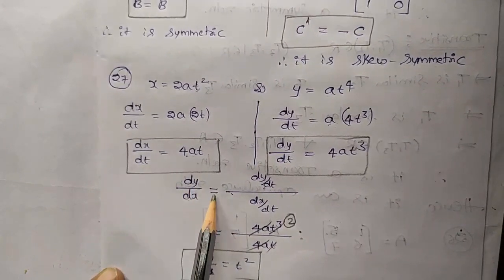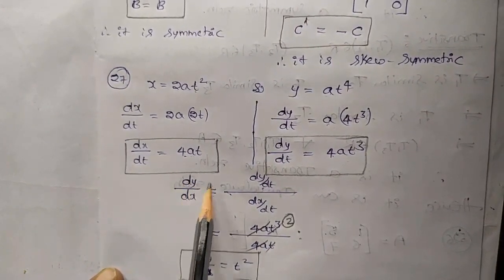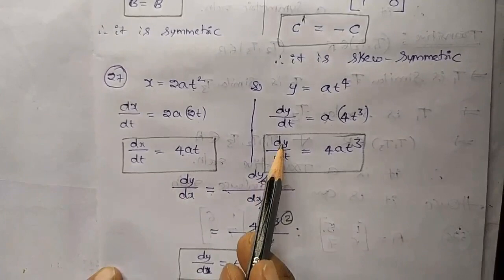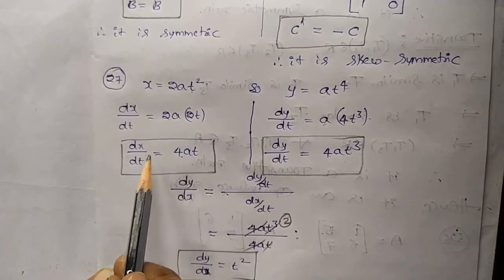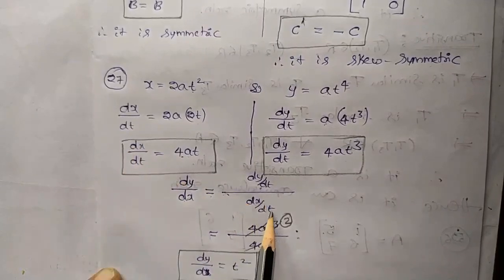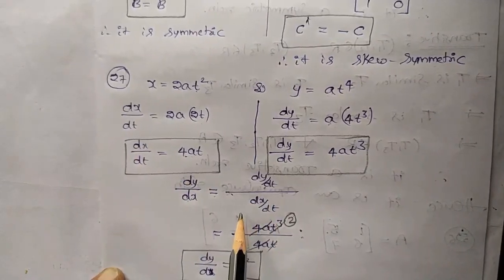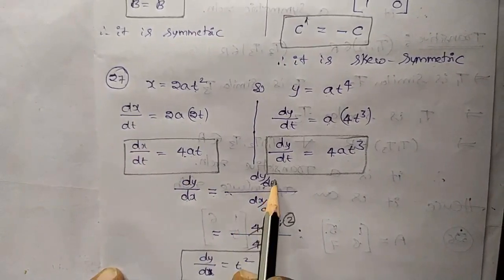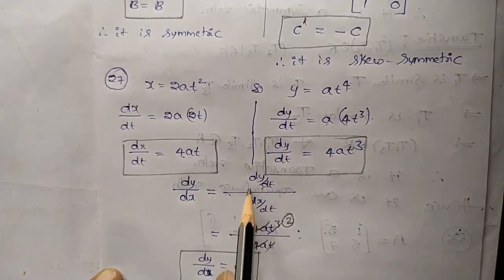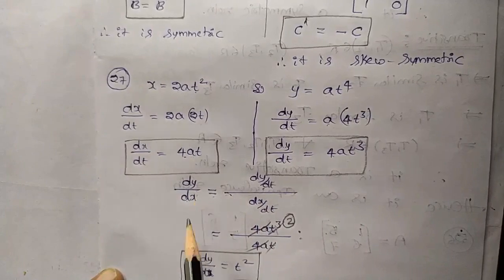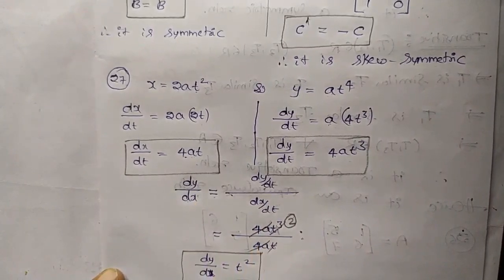So dy by dx equals dy by dt whole divided by dx by dt. It is just like a symbol: if dt with respect to dt gets cancelled, we get dy by dx again. Like that you can remember.